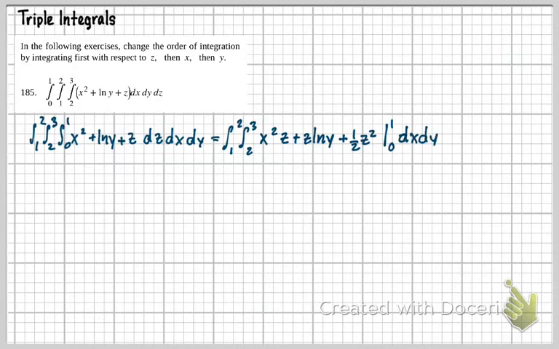So for the next step here, I'm still going to have my integral from 1 to 2 and the integral from 2 to 3. And now I'm going to plug in the upper bound minus the lower bound. So when I plug in 1 for z for each of these, that's going to result in x squared for the first plus ln of y for the second plus 1/2 for the third.